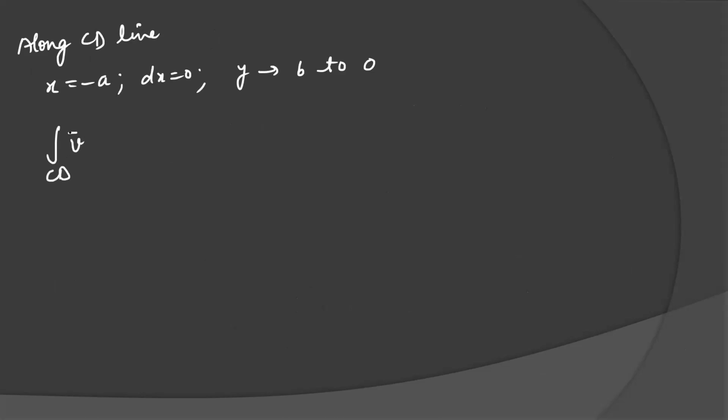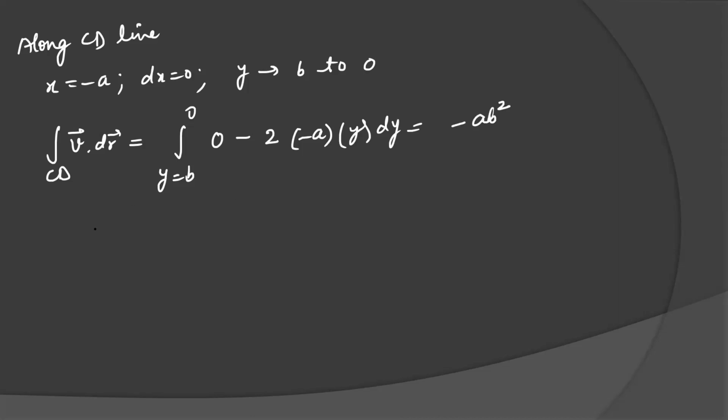Similarly, along the CD line. What is the CD line actually? The CD line is x equal to minus a. So dx equal to 0, and y is moving from b to 0. So along the CD line, V dot dr is the integral of y from b to 0. The dx term is 0, minus 2x where x is minus a, y is varying, dy. It is your minus ab square again.